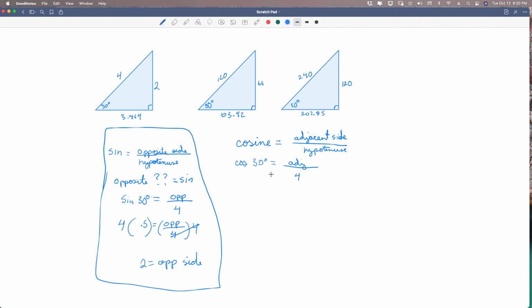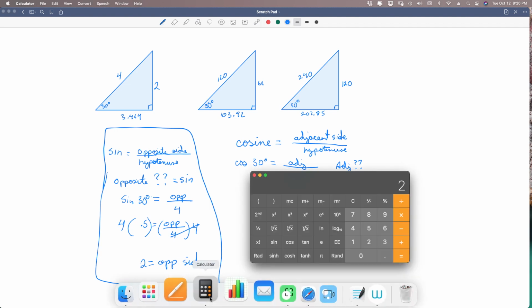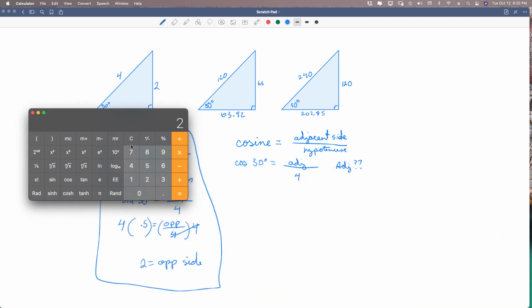So we use cosine when we don't have the adjacent side. So that would be adjacent is what? So we plug it into our computer, or I keep saying computer, we plug it into our calculator.